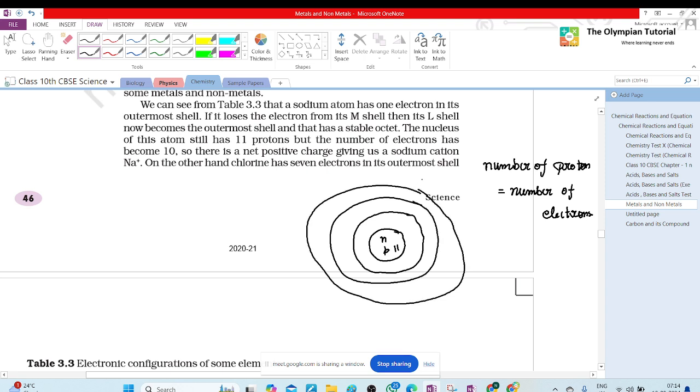In sodium, one electron will go away: 2, 8, 1. So when it gives one electron, the number of electrons is 10, meaning 10 negative charges, but the number of protons remains the same, that is 11, meaning 11 positive charges. So it means one extra positive charge, that's why Na will become a positively charged ion.